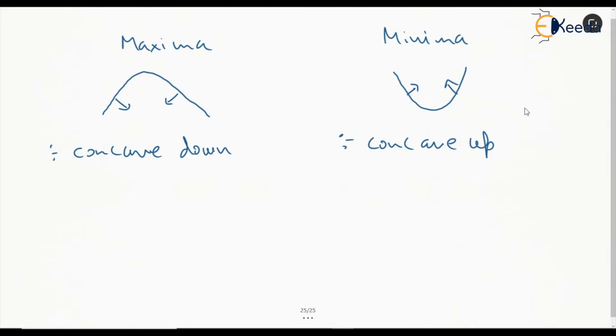Now, where to check these values, whether it is a maxima or minima? We'll check at stationary point. We'll see what is stationary point.